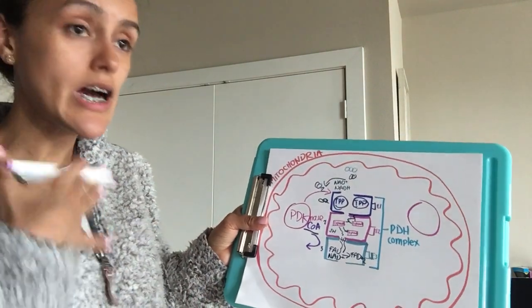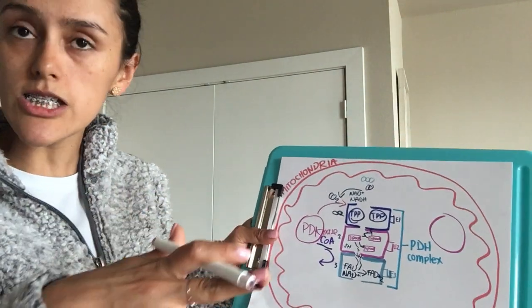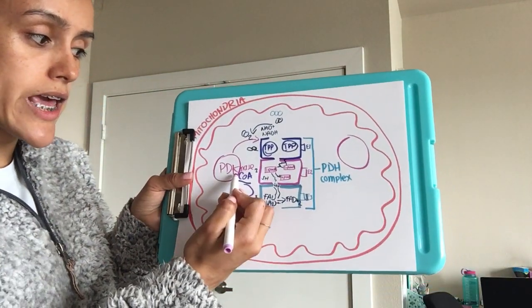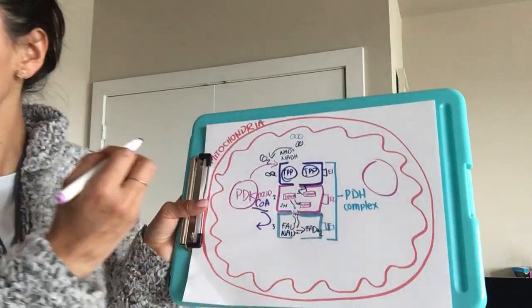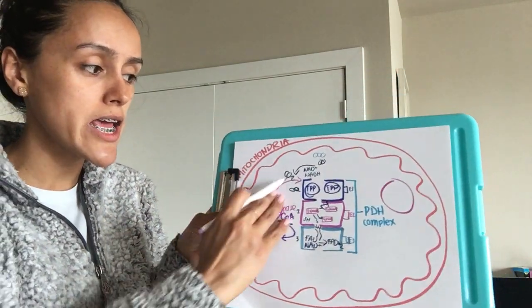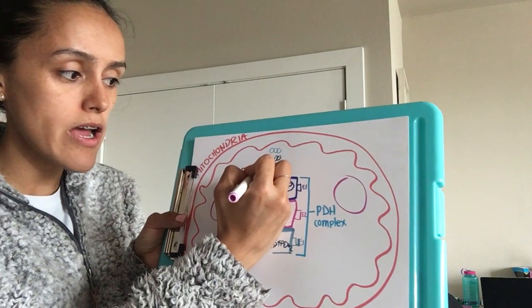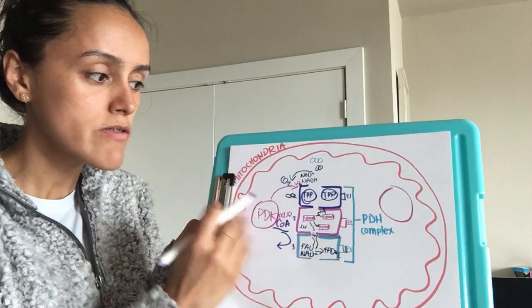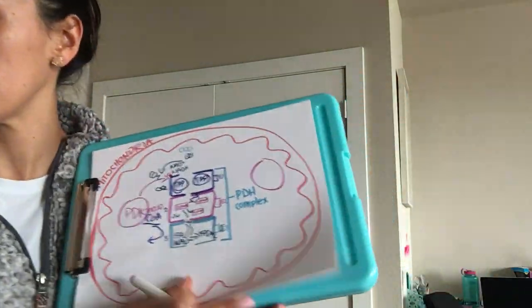Let's say the body has a lot of ATP and doesn't need any more energy. So the pyruvate dehydrogenase kinase inhibits this by putting a phosphate group here. So this whole complex is inhibited.